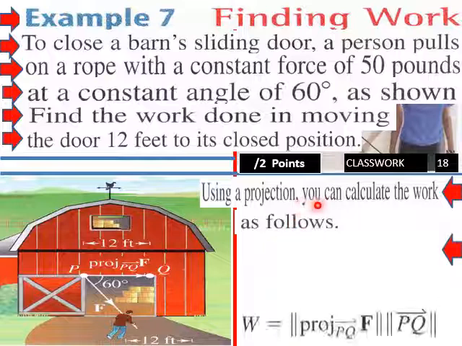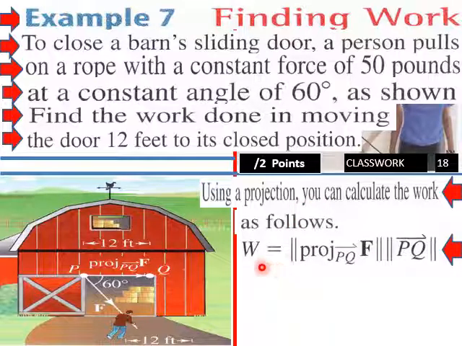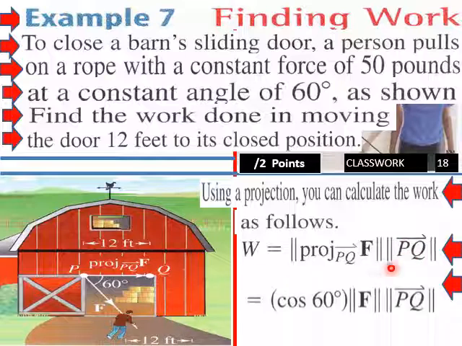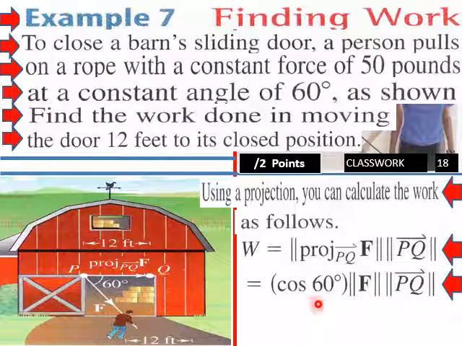Using the projection, you can calculate the work as follows. Our work would be the projection of F onto PQ. Here's our PQ. Then F would be the force multiplied by the line of motion PQ. We can use a cosine function for that because we're moving along the horizontal.